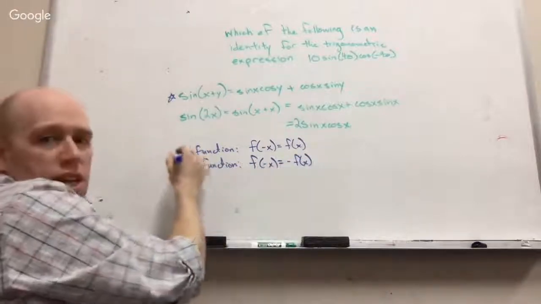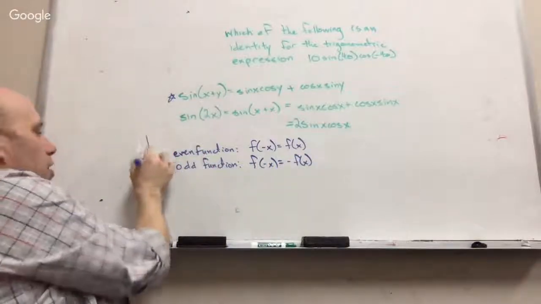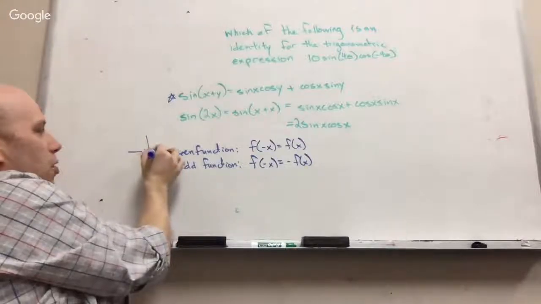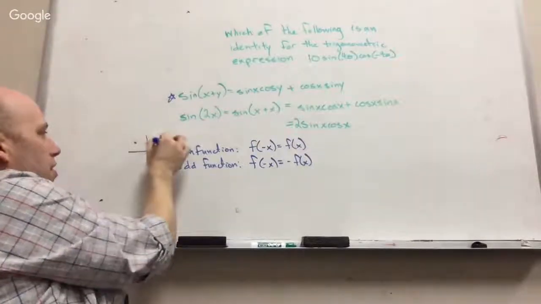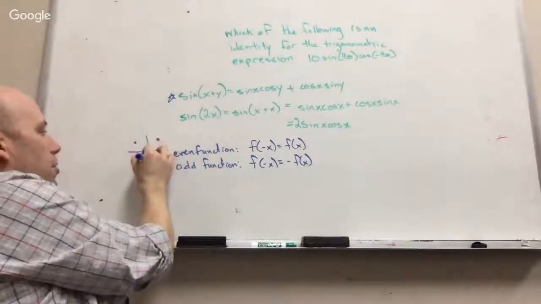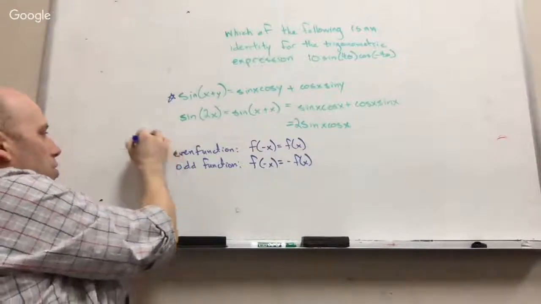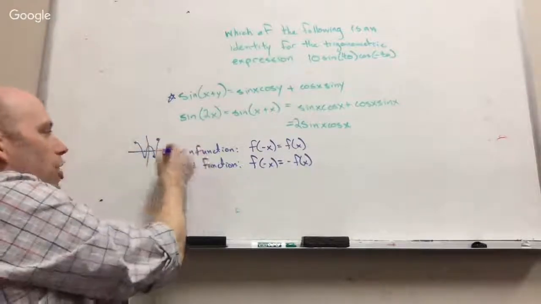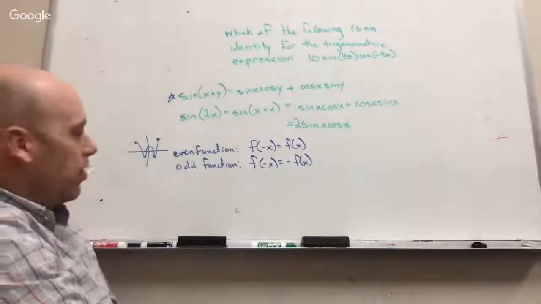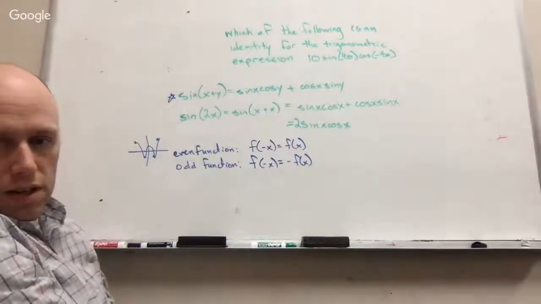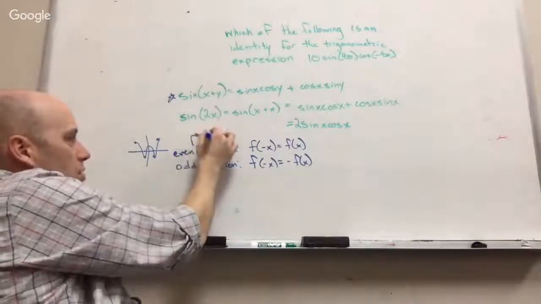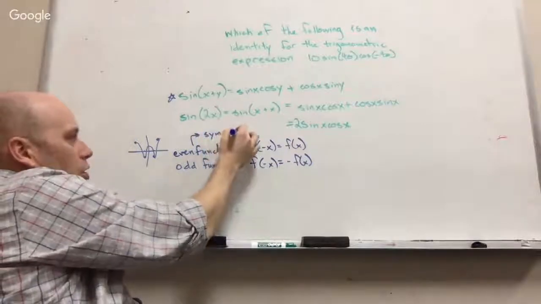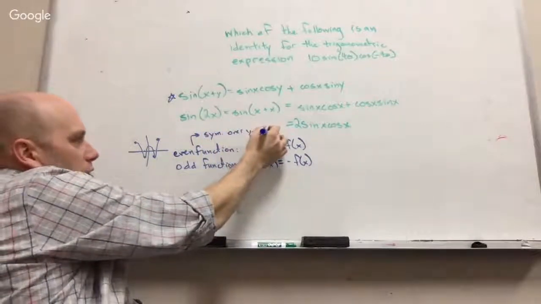So for an even function, if we go x and the opposite of x, we get the same output values. So this thing's going to be symmetric over the y-axis.